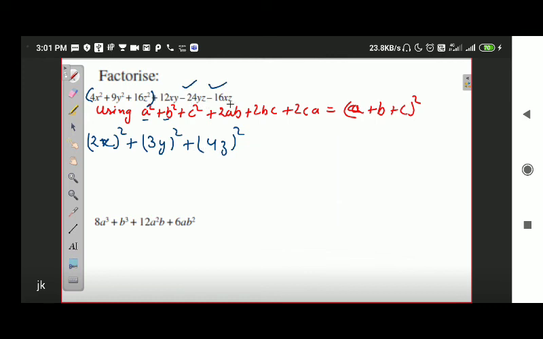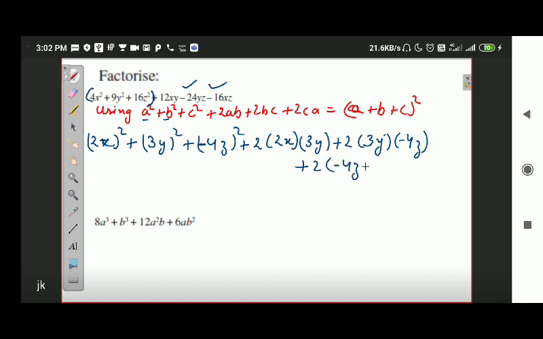What is the common variable in both terms is z, so we'll put the minus sign before 4z, and 2 into first term, that is 2x, and second term 3y, plus 2 into second term, that is 3y, and last term minus 4z, plus 2 into last term, that is minus 4z, and first term, that was 2x. And using that identity, we will rewrite it as (2x + 3y − 4z) whole square.